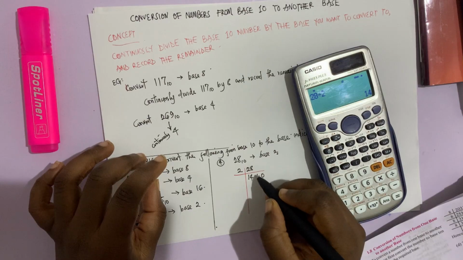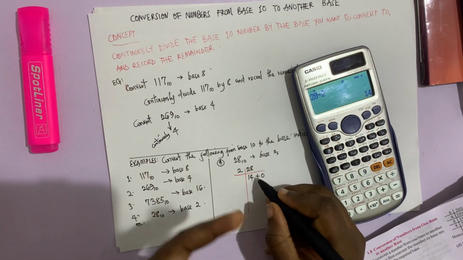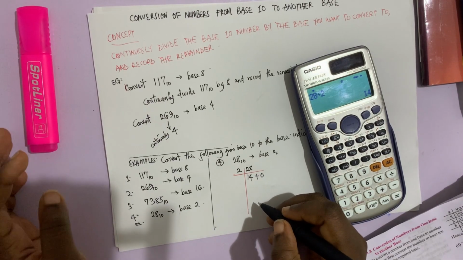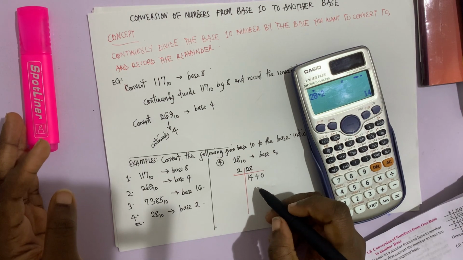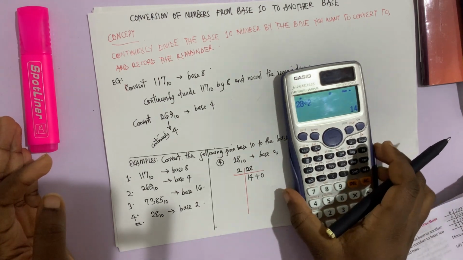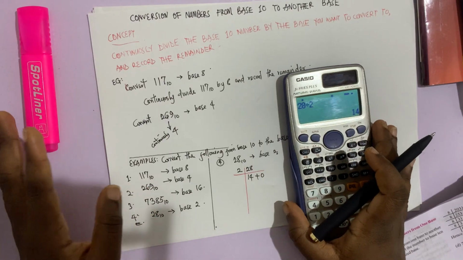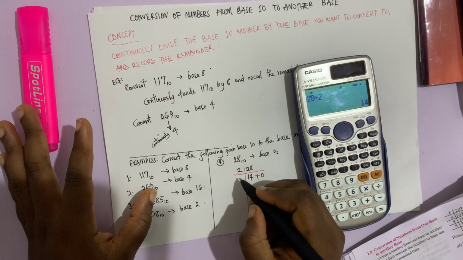Some people use R, showing remainder 0. You can use R0 or plus 0. It's still the same thing. So you see from our calculator, this gives us a perfect number, 14. There's no decimal, so we write 0 because there's no remainder.